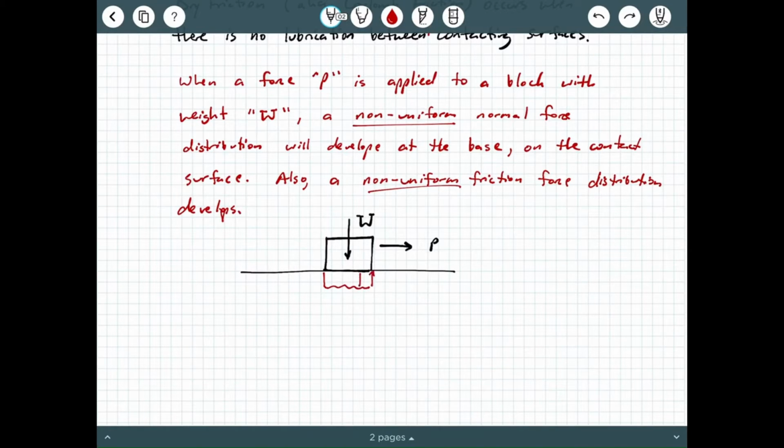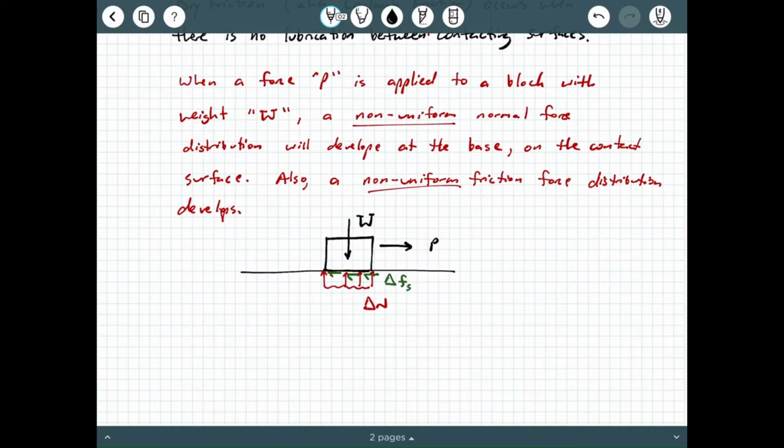One thing that's going to develop is this non-uniform normal force distribution, okay? And we're going to call this delta N, all right?